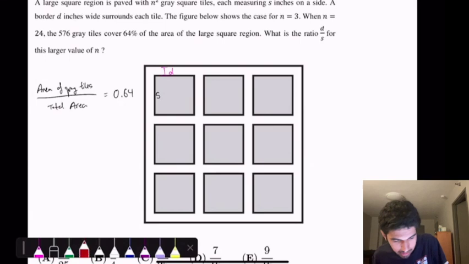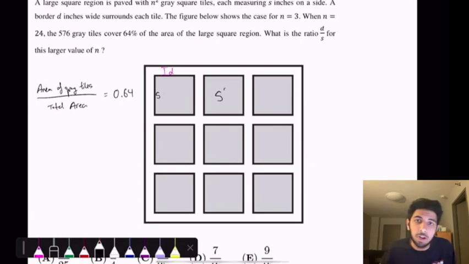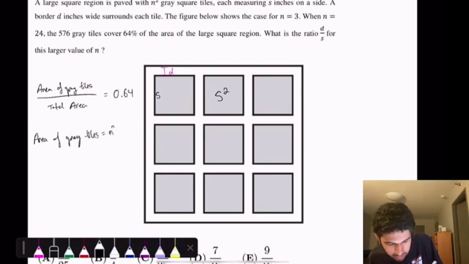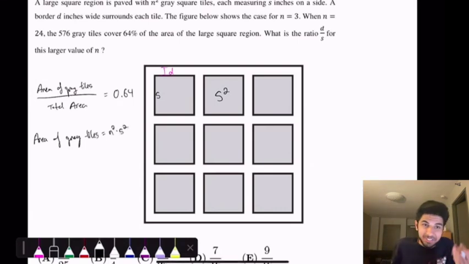That area is going to be s squared, since all of the squares have side length s. The total area of the gray tiles is the total amount of gray tiles times the area. So there's n squared gray tiles, so the area of the gray tiles is going to be equal to n squared times s squared. Good, so we have an s in our formula now, which is kind of what we wanted. Now we need the total area. And hopefully for this we'll use d.